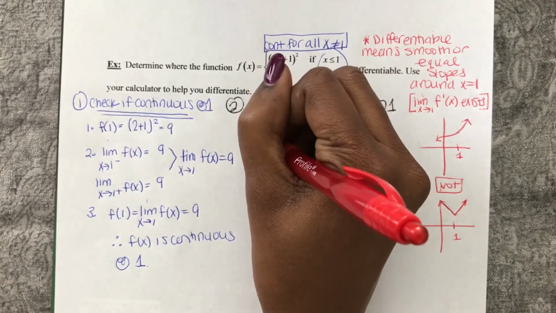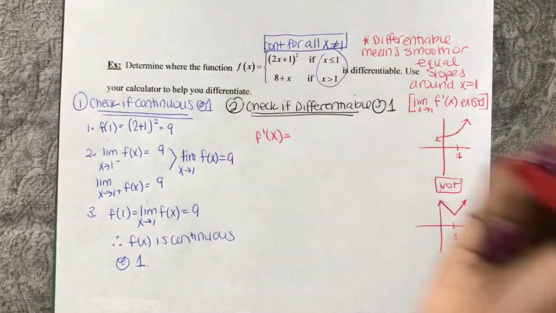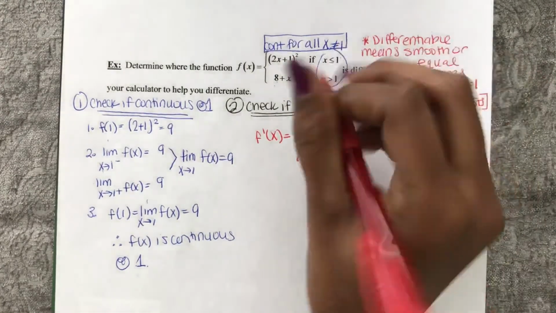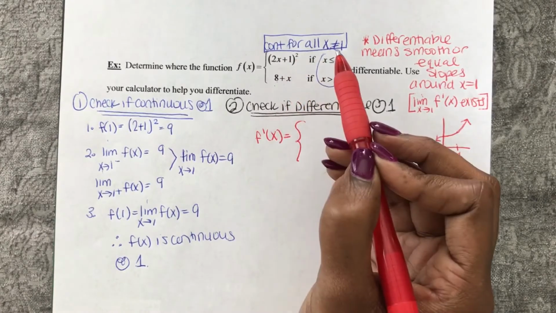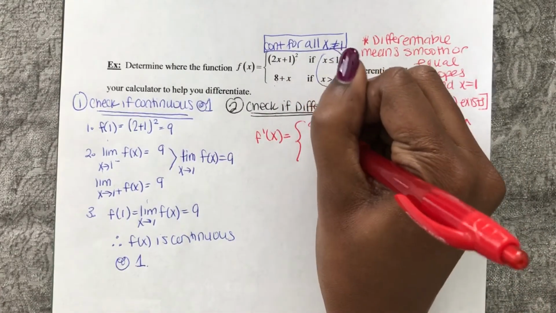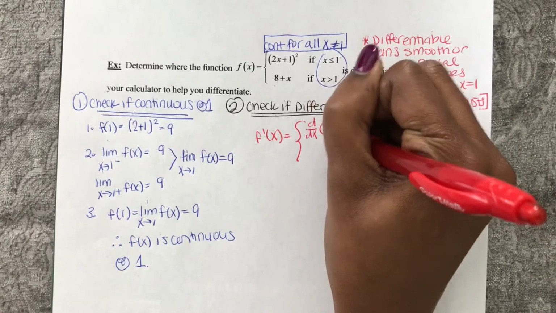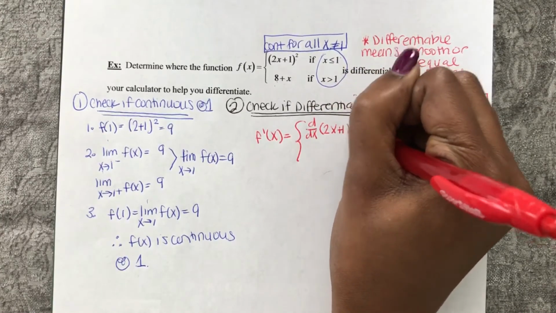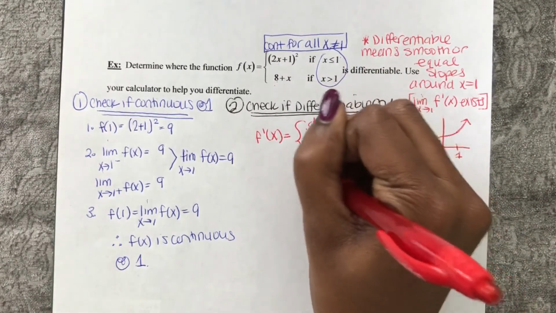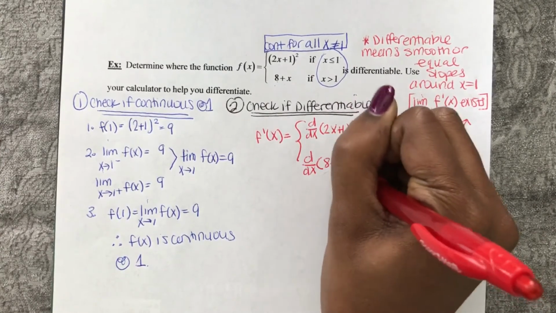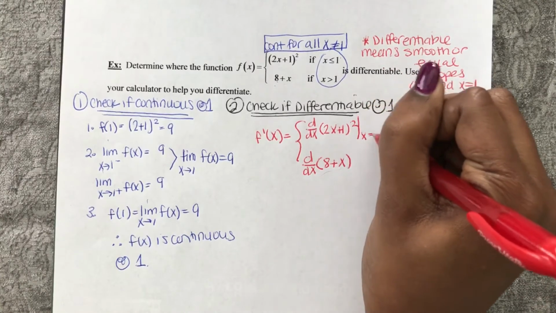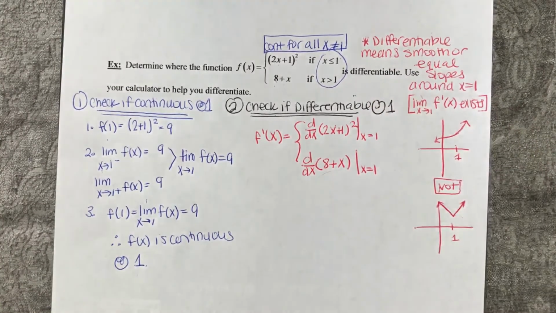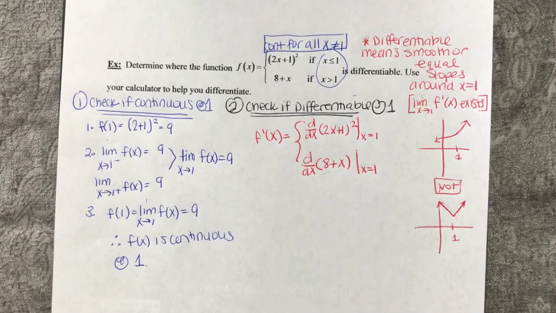So let's see. F prime of x equals, if I take the derivative of this, it's going to be the derivative with respect to x of 2x plus 1 squared, and the derivative with respect to x of 8 plus x, and we're going to go ahead and evaluate those at x equals 1 with our calculators to make sure that those are the same.